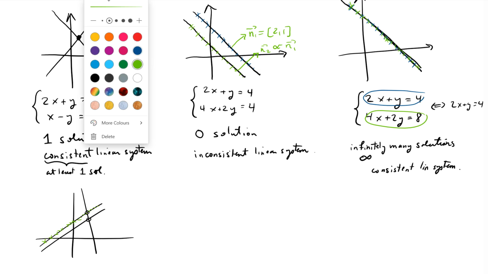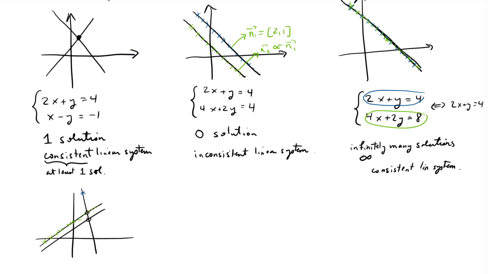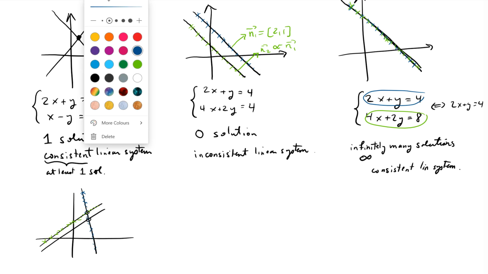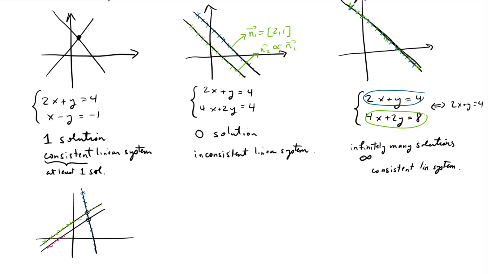After that, maybe the second solution set would be those that belong to this line. And for the third equation, I have points that are part of this line. Actually, try to find a point that's both red, green, and blue. You won't find one. So here you see there would be no solutions.